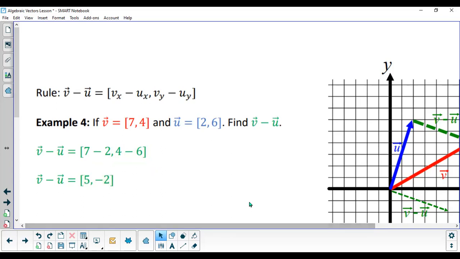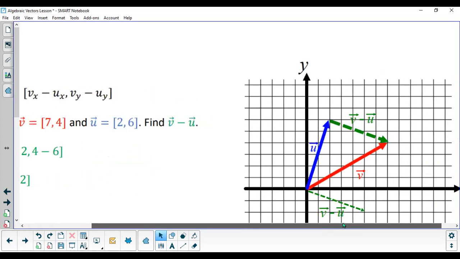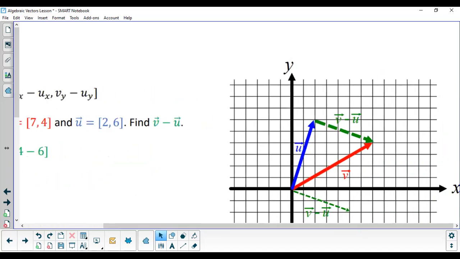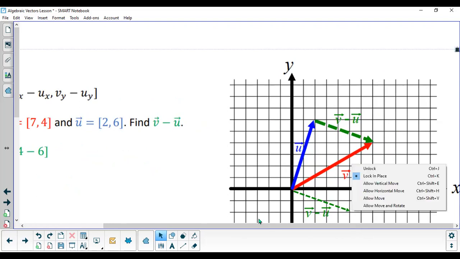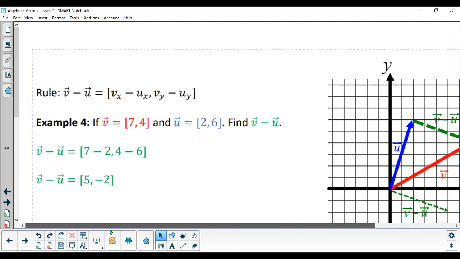And actually, because these are not tip to tail, we would have had to use the parallelogram method, and that would have given us this point, the resultant of 5, -2. But instead of using the diagram, we're using our formula, and the concepts of horizontal and vertical components.